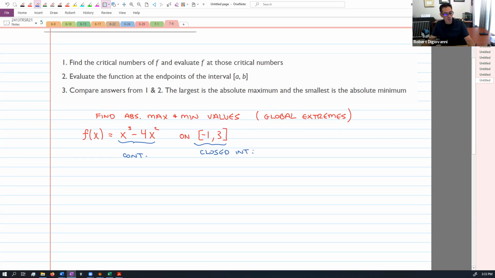To find the global extremes of a continuous function on a closed interval requires the closed interval method. And that's the 3 steps that you see in front of you. So first step, I need the critical numbers.